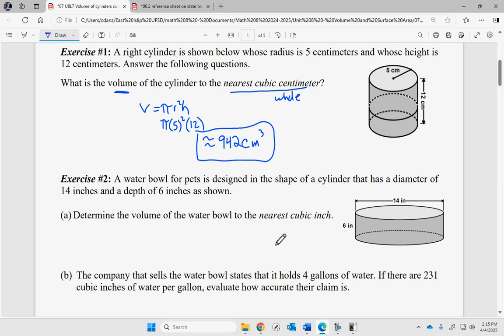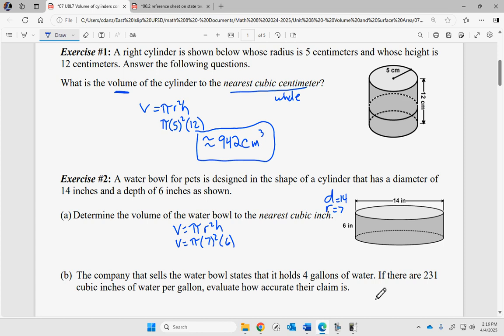Number 2. A water bowl for pets is designed in the shape of a cylinder that has a diameter of 14 inches and a depth of 6 inches. Determine the volume of the water bowl to the nearest cubic inch. So volume equals pi r squared h. Pi times, well, if the diameter is 14, then the radius is 7, and the height of this water bowl is 6.